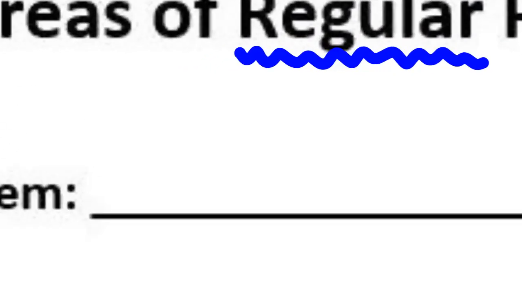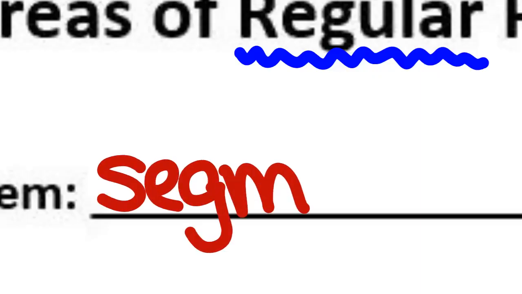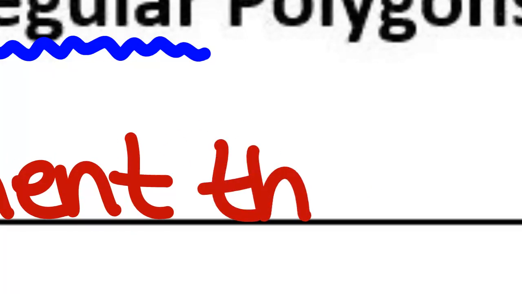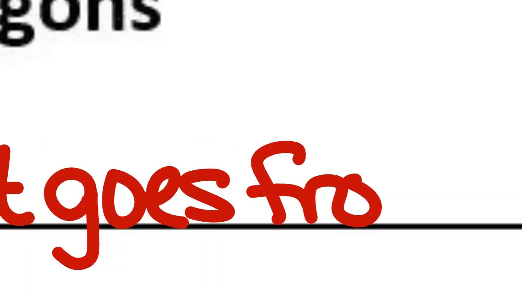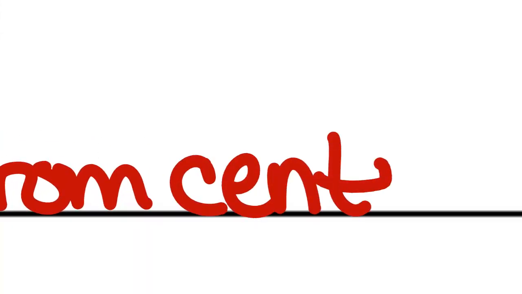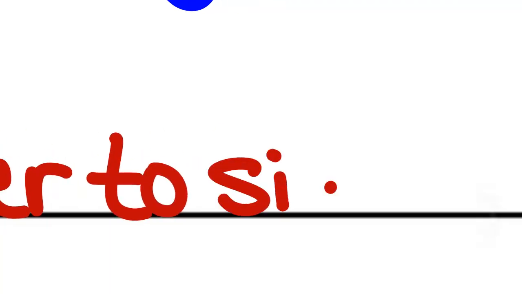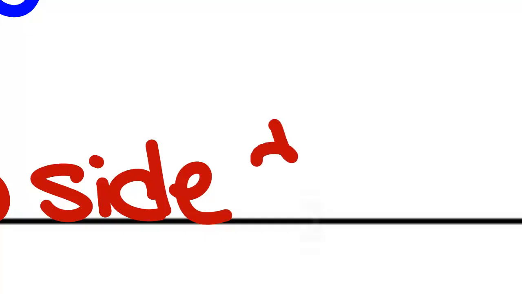In a regular polygon, an apothem is a segment that goes from the center to the side and is perpendicular to the side.